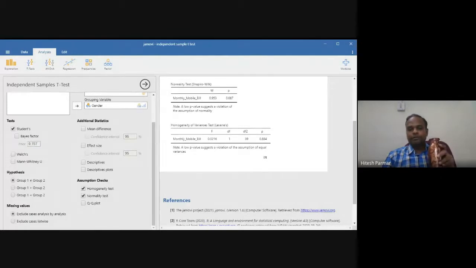Understood, everyone? So variances of both groups are same, finally. Normality is also okay. Variances of both groups are also same. These two assumptions we check before applying the t-test. Understood, everyone? Any problem?